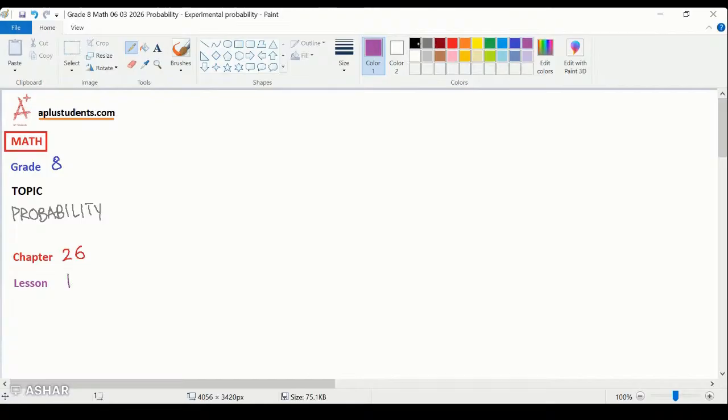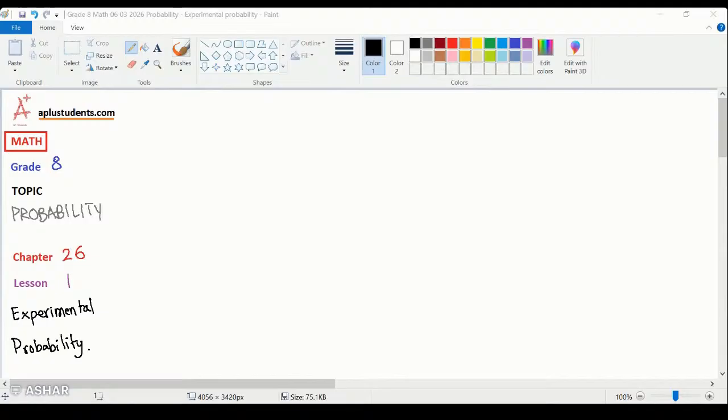And the name of the lesson is experimental probability. Okay, let's go to maths, grade 8, chapter 26 and lesson number 1.